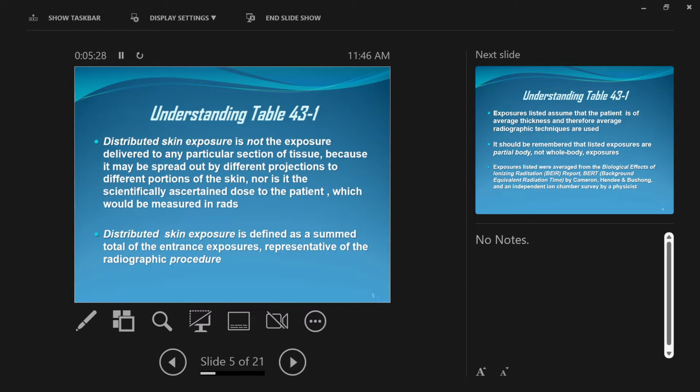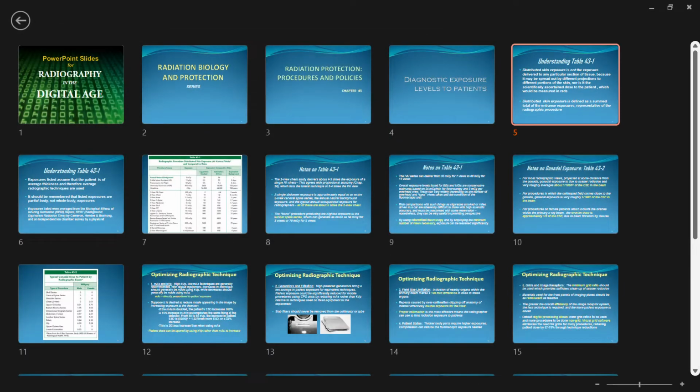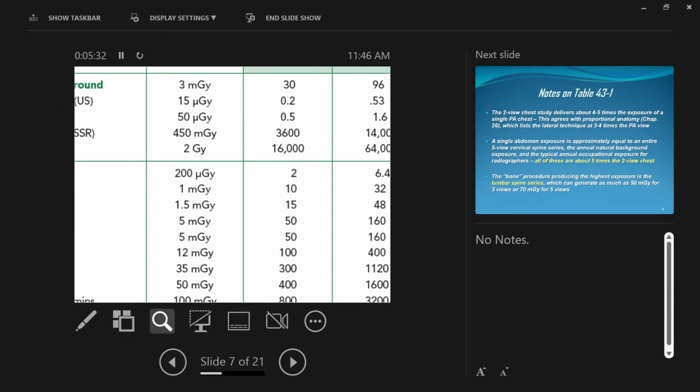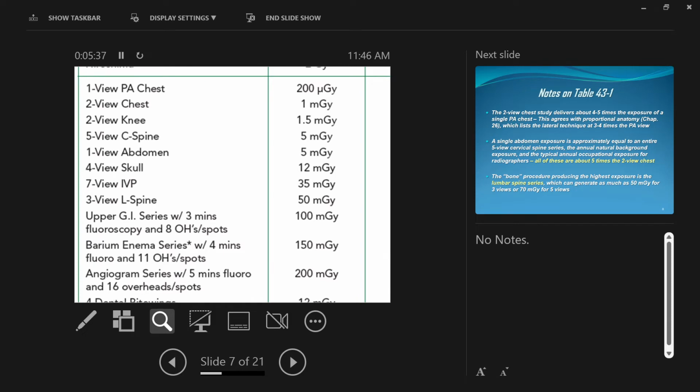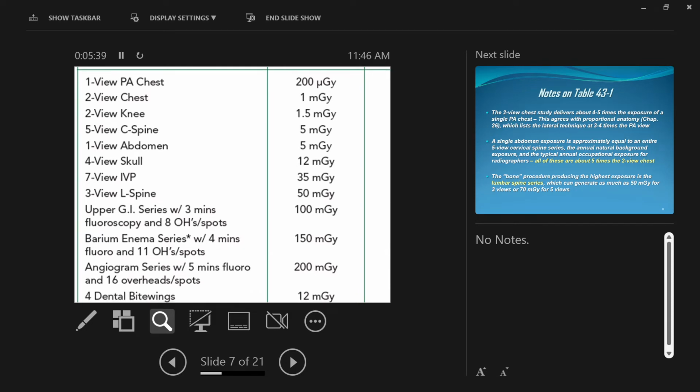Basically what they're saying here is that if they tell you, for example, let's jump to the table real quick here, okay? And let's look at, right at the top, one view PA chest x-ray. It's said to give an exposure of 200, and that little symbol means micro, next to the Gy, microgray. So there are prefixes like milli, which mean 1/1000th of something.